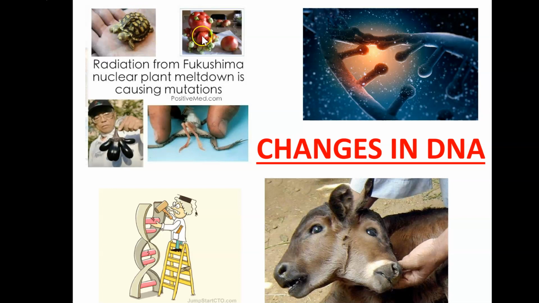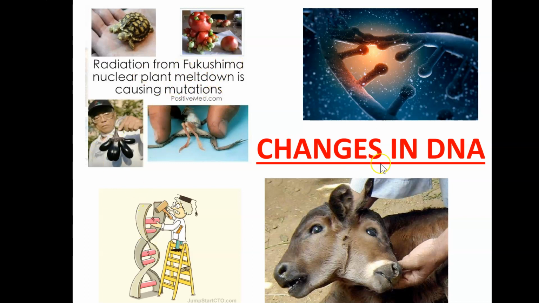And these are supposed to be tomatoes, but this tomato has a whole bunch of little baby tomatoes sprouting off of it. So lots of changes have happened to the genetic makeup within the cells of these living organisms.